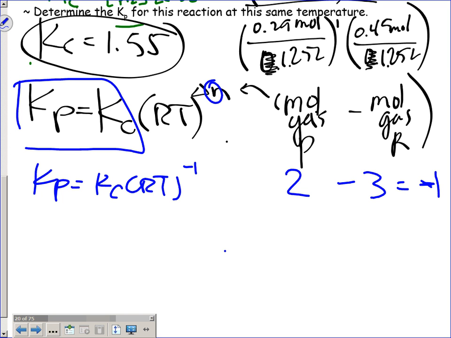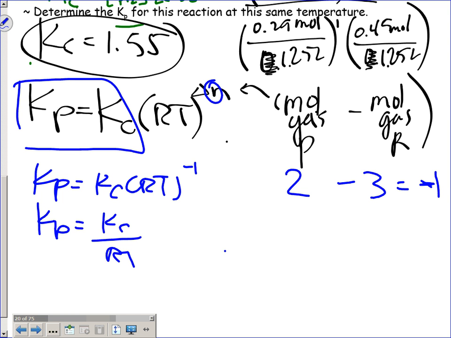0.0821. Okay, so 0.0821 times the temperature. I won't say around room temperature, it could be really anything. It depends on what the temperature is how different this value is going to be, but whenever you do something to -1, what are you actually doing to the math here? So you're dividing by RT, correct? So this is now Kp is equal to Kc over RT, based on that -1 being there.